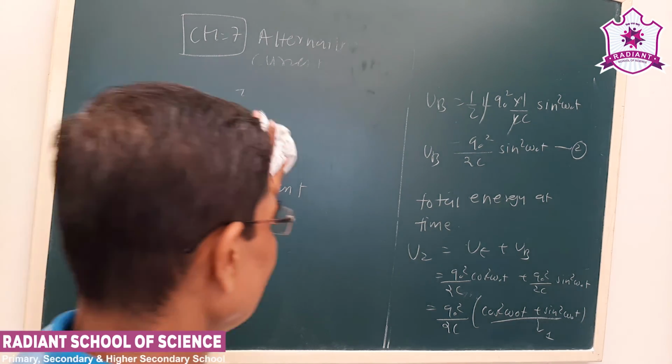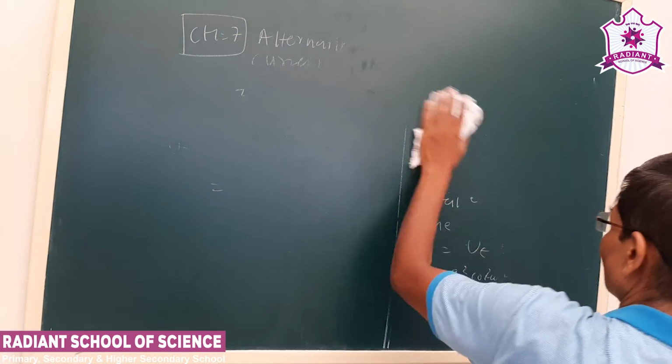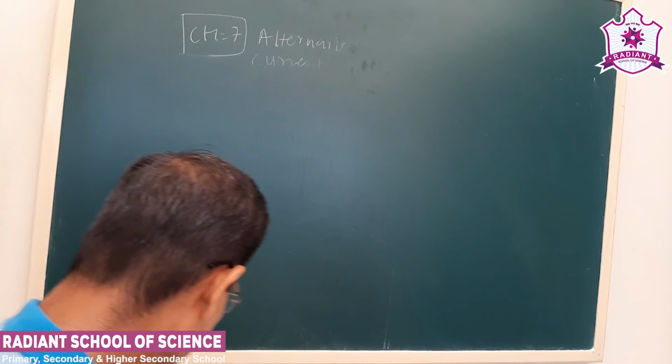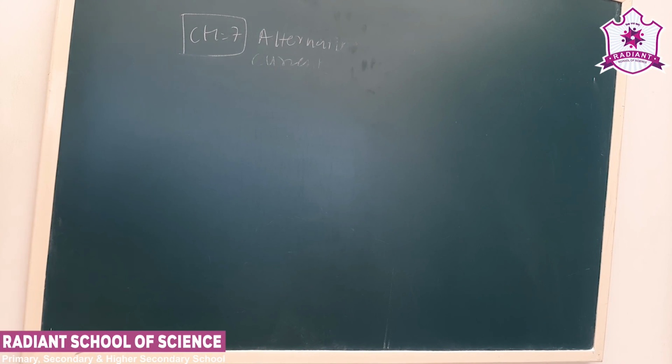Now see, with that we come to the end of the examples of lesson number 7, and now we start with the exercise numericals.